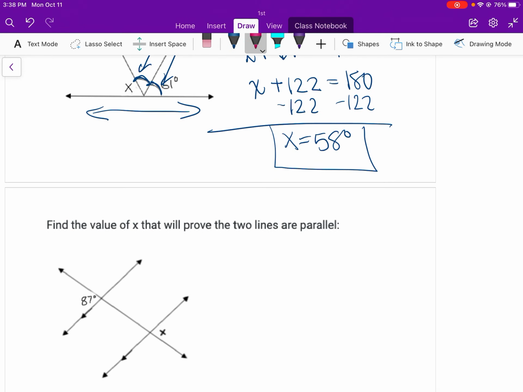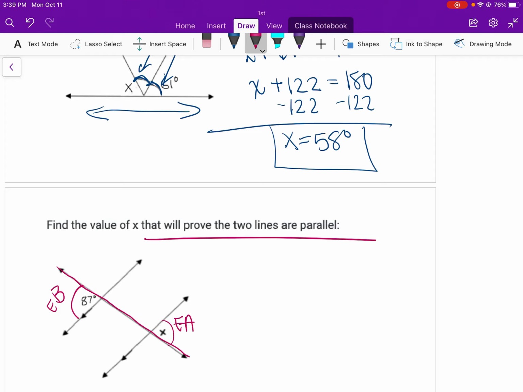Okay, now we look at this one. Proving two lines are parallel, all we're having to say is either are the two angles congruent if they're supposed to be congruent, or are they supplementary if they're supposed to be supplementary. What I see is this one is on the exterior, below the transversal, and then x is also on the exterior, but above the transversal.